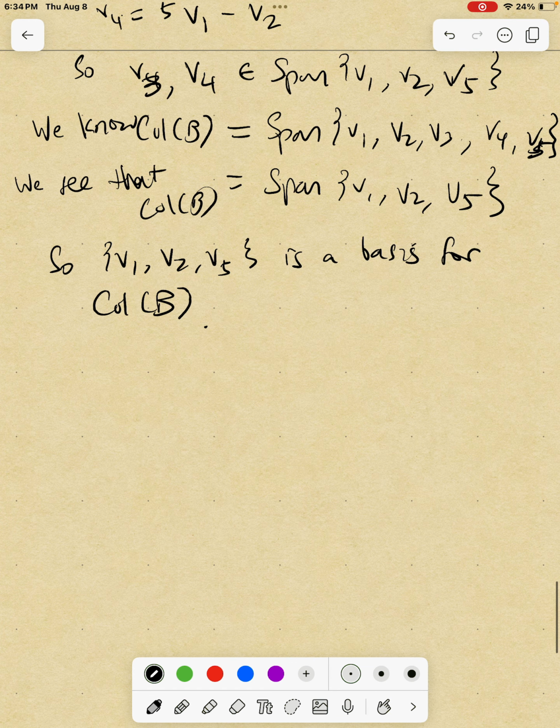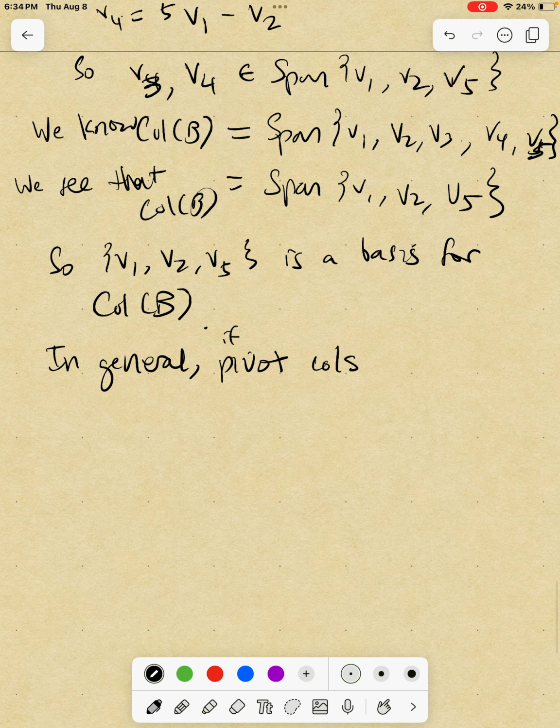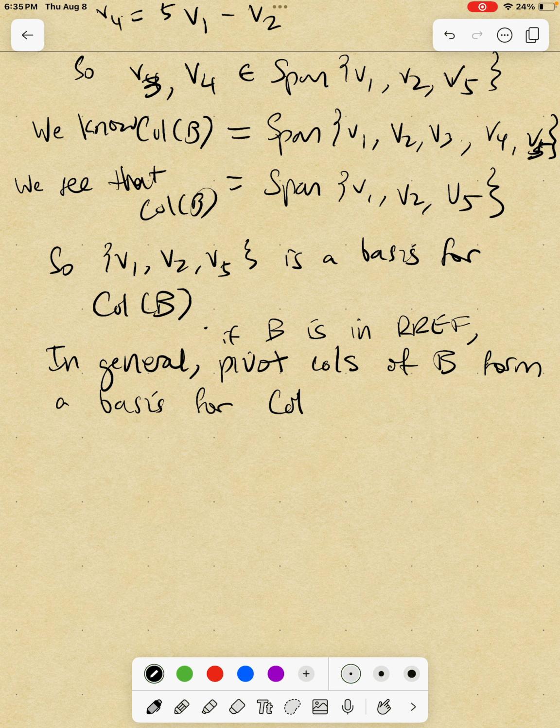So in general, if B is in reduced row echelon form, the pivot columns of B form a basis for the column space of B.